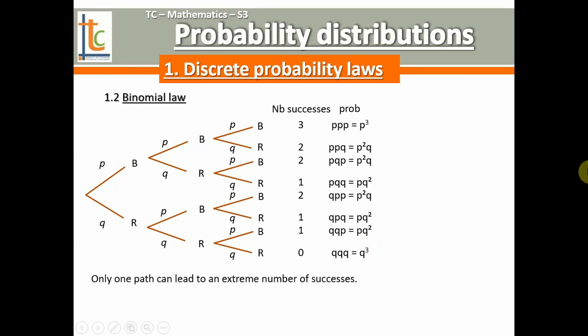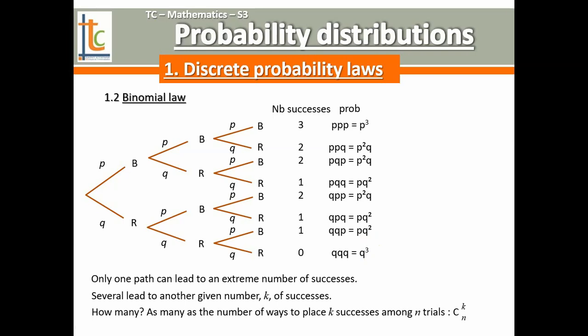So this general formula for a probability of k successes, whatever this number, 1, 2, or 3, or more, considering another tree, has to take into account the number of paths in the tree that lead to the same number of successes.